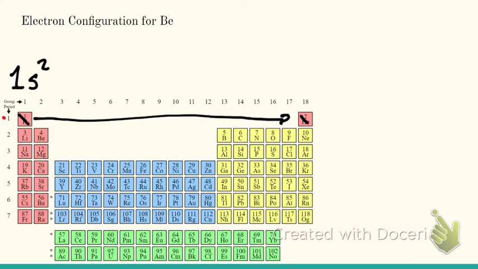Move on down to our next row. Now we are in row 2. We enter into our s block, and it takes 2 electrons. Those 2 electrons get us to Be, beryllium, so we are finished with our electron configuration.